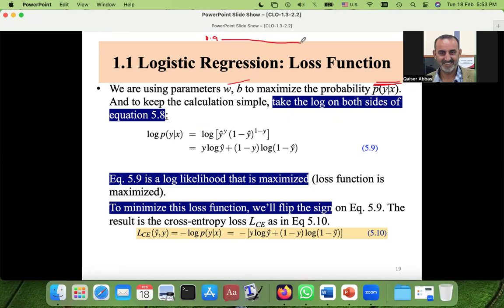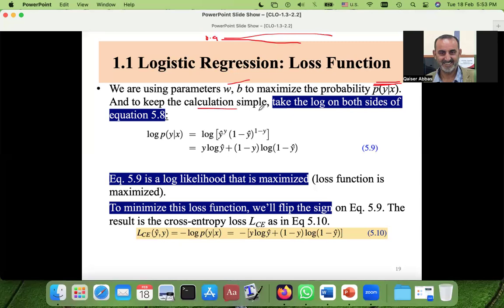This lengthy series is a complication for the machine. If you are a student of computer science, maybe you have heard this. If it is too lengthy, machines normally don't handle it perfectly. So we want to keep our calculation simple.